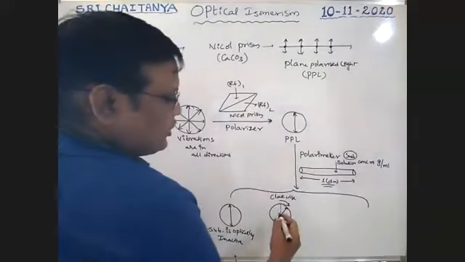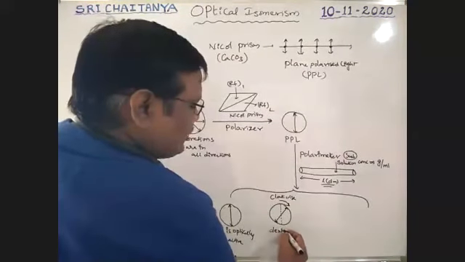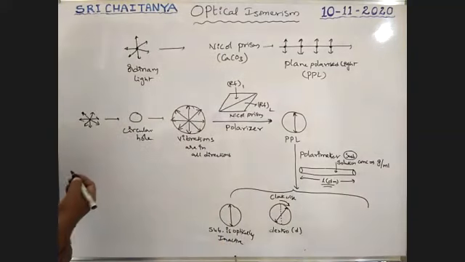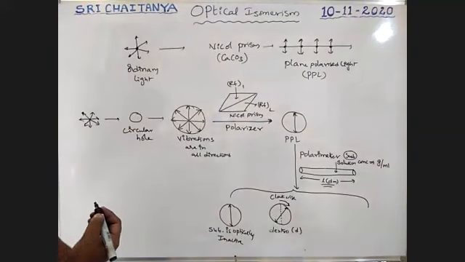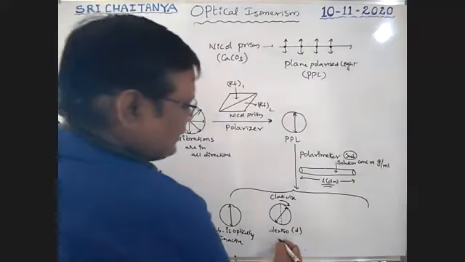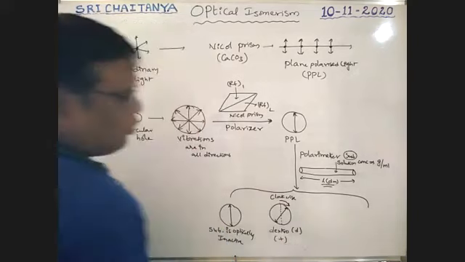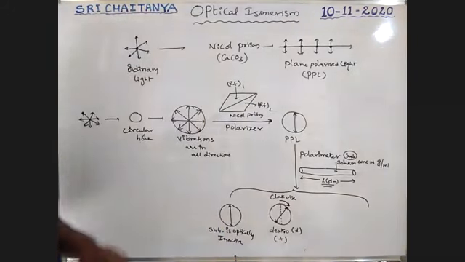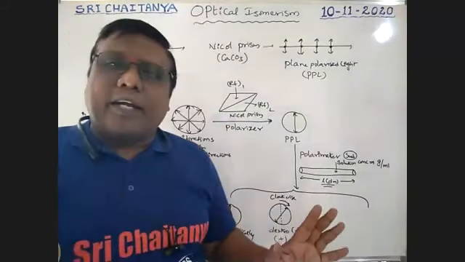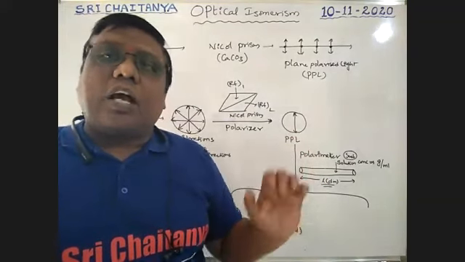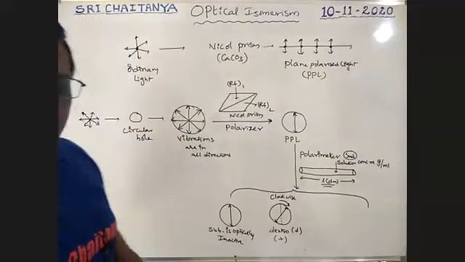That clockwise rotation is called dextro rotation, indicated with the small letter d. Small d is dextro rotation, which is also considered a plus or positive rotation. Here the plane polarized light rotated towards the clockwise direction.